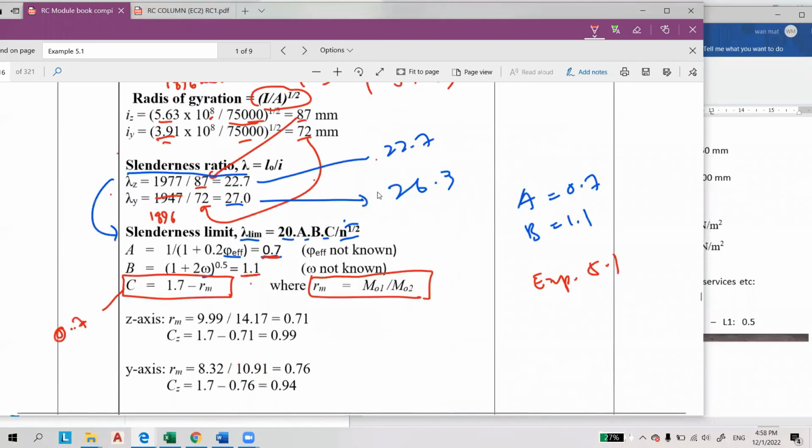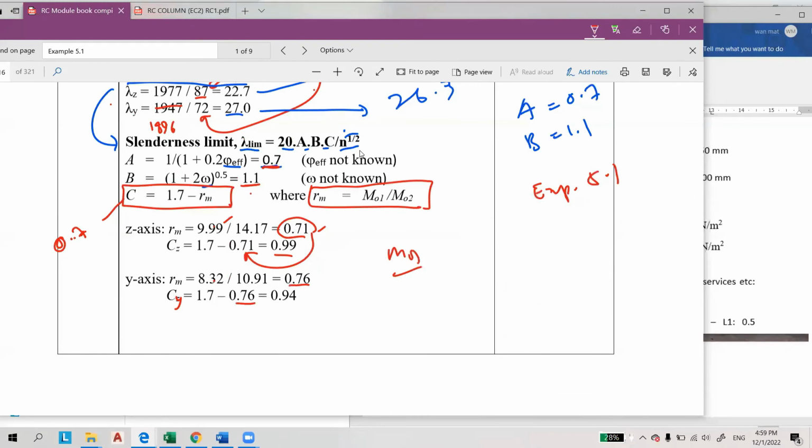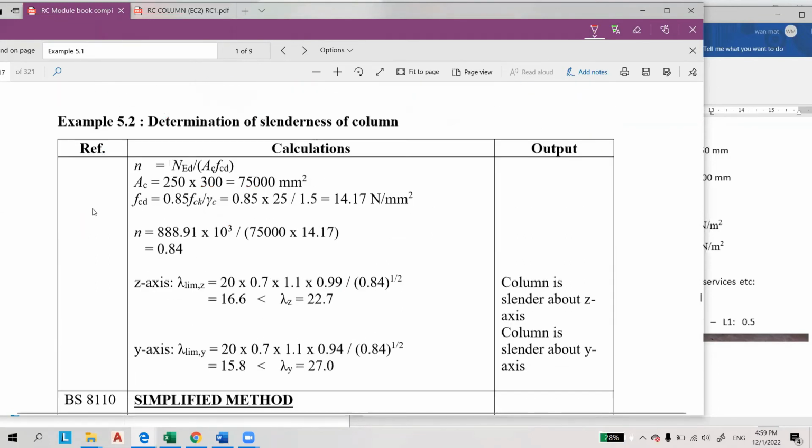So here you get 0.17. You bring it here, you get the Cz, and this one is Cy actually. From this value, this is the bending moment, M01 divided by M02, and for both axes you use the corresponding value of C. This is the limit.